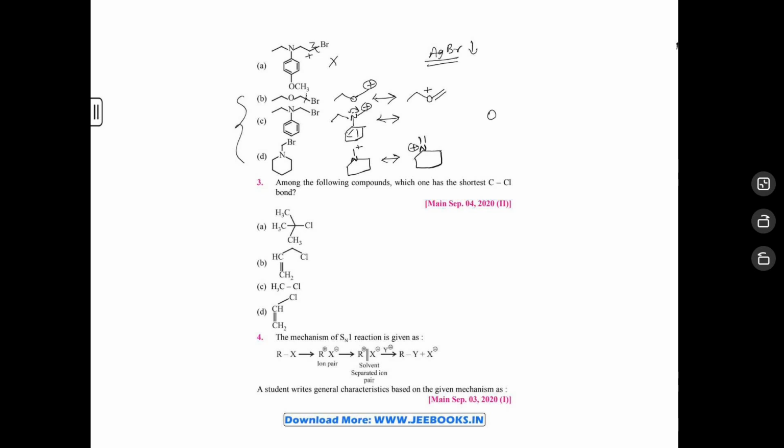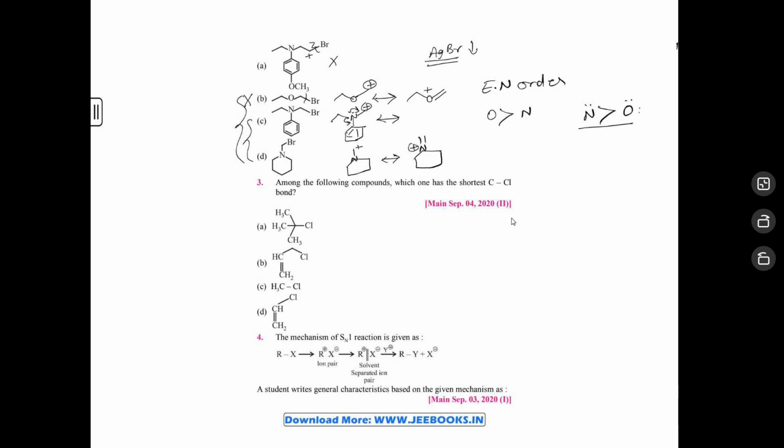We know that oxygen has more electronegativity than nitrogen, therefore the tendency to give the lone pair will be more for nitrogen than oxygen. So the tendency of nitrogen to share its lone pair of electrons will be more as compared to oxygen, and hence we can see that carbocation B will be less stable than C and D. Now we have to choose from C and D. In C, the nitrogen lone pair is also in conjugation with the phenyl ring, or benzene ring, hence it is less available to stabilize the carbocation.